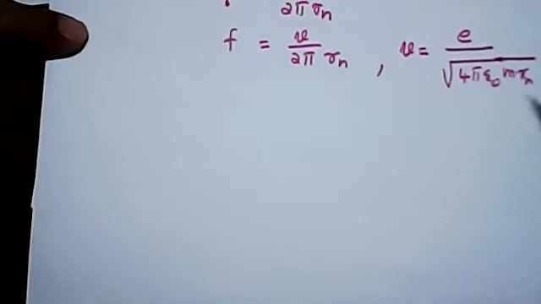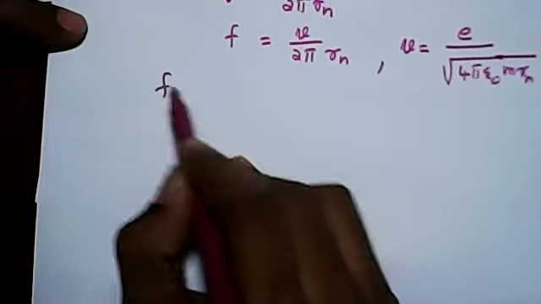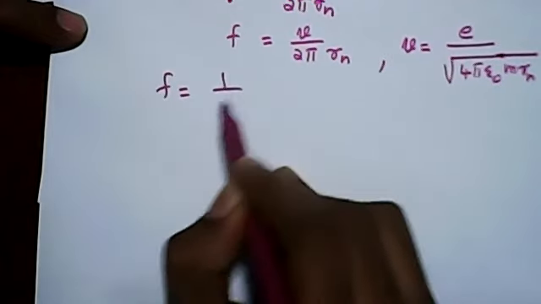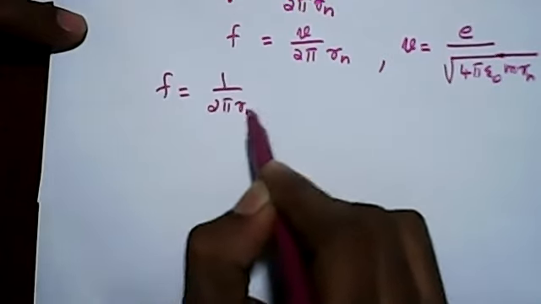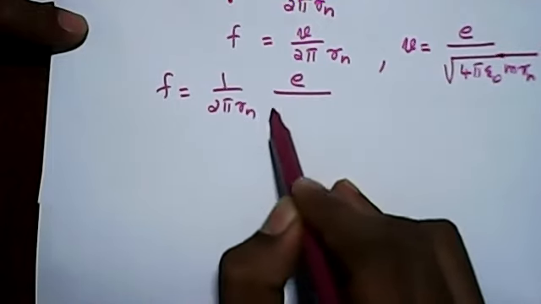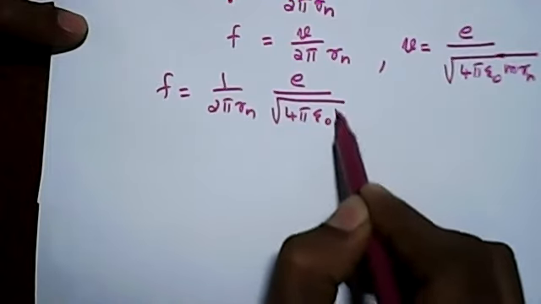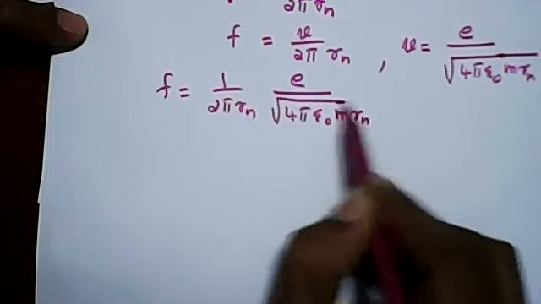Now substitute for this v, we can write f equal to 1 by 2 pi Rn, then e divided by root of 4 pi epsilon 0 m Rn.